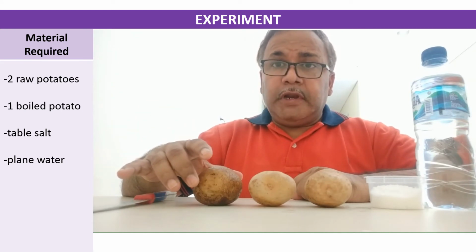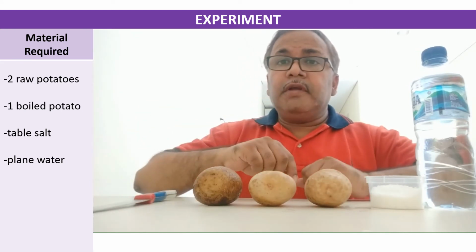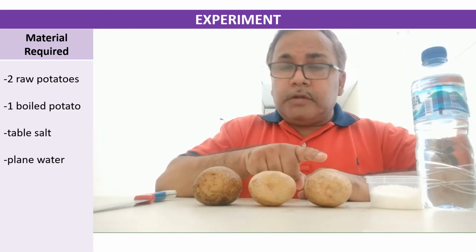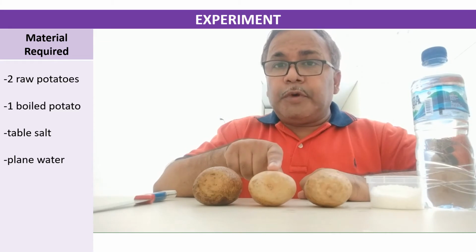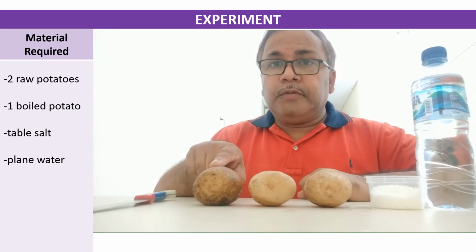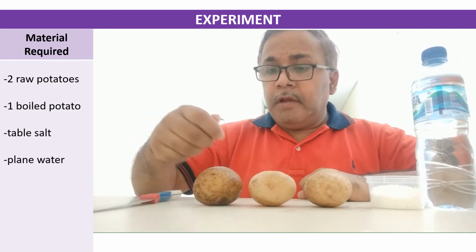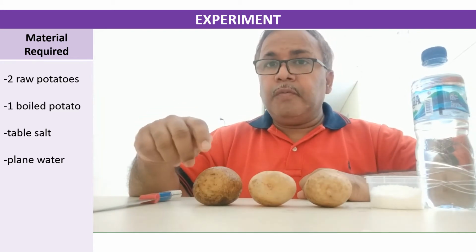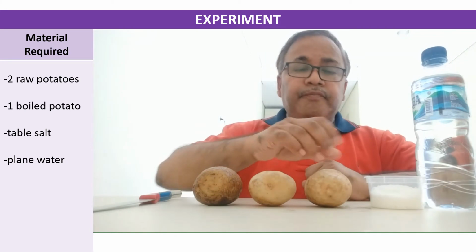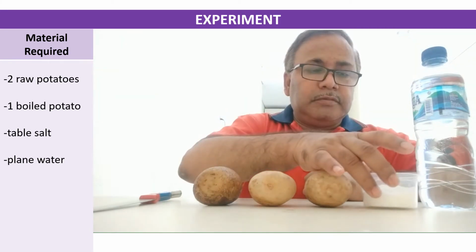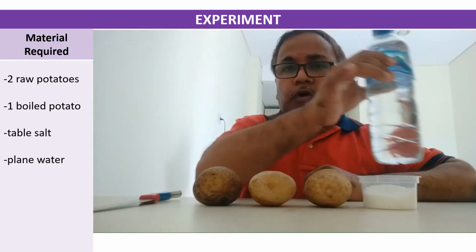Material required: we need 3 potatoes, and we have taken 2 raw potatoes and 1 boiled potato, 1 knife for peeling the potato and making a cavity, and then we have taken table salt and plain water.